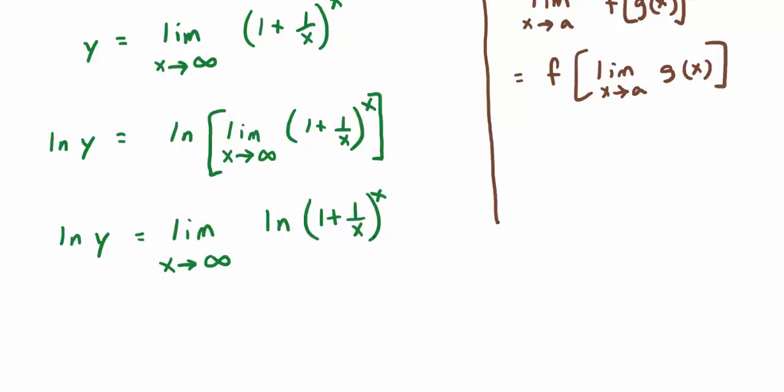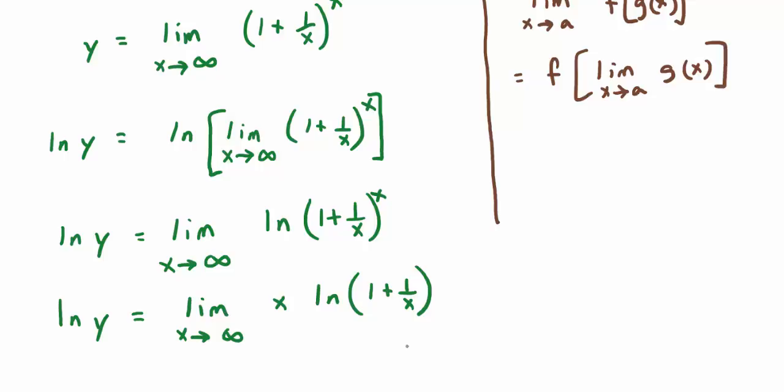Because now we can apply the power rule for logarithms. And what are we going to get if we do that? After the limit symbol, we're going to bring this dude down in front like that and have x times the natural log of 1 plus 1 over x.